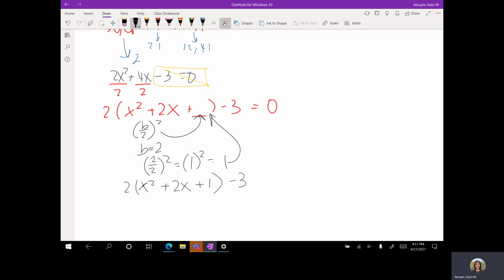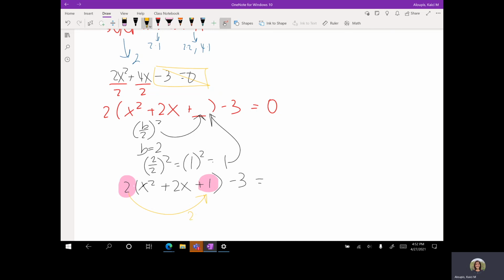But wait, we changed something to our equation on the left side, but we didn't account for the right side. It's no longer equal to 0 because when we added this 1 to complete the square, we didn't just add 1. Remember that there's this 2 out here, and this 2 is being multiplied by the entire quantity of the parentheses. So really, this 2 and this 1 are being multiplied together.